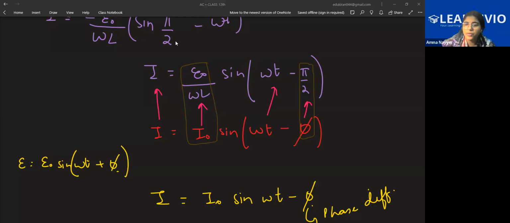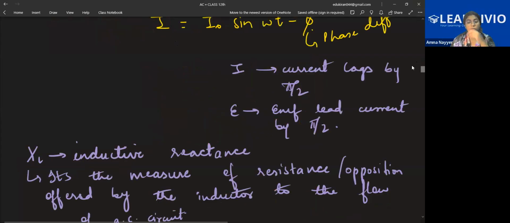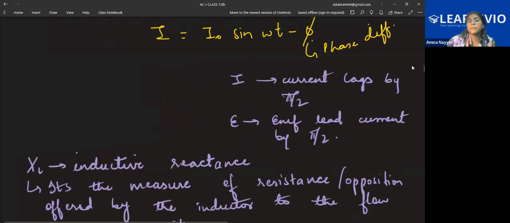Okay. So here, when minus phi is coming, this is basically saying that current lags by pi by 2. Current lags by pi by 2 means EMF is leading by 90 degrees. Both the waves are drawn, current is lagging behind and EMF is ahead. And when you calculate the angle between them, the angle is pi by 2.